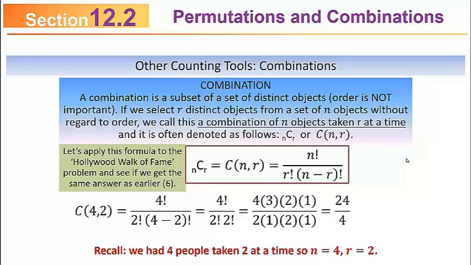If you write all that out, 4 times 3 times 2 times 1 is 24, and 2 times 1 times 2 times 1 is 4, and 24 divided by 4, big surprise, is 6. It's exactly the same answer as when we did it by brute force. So these formulas allow you to get to the count much faster than having to do it by brute force.